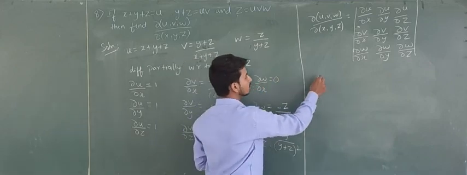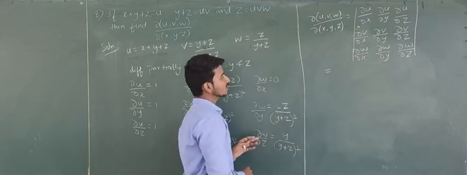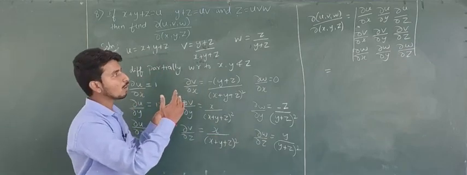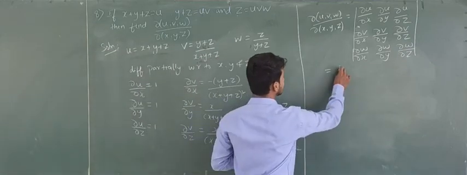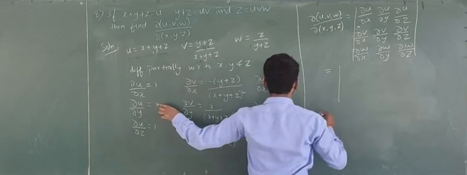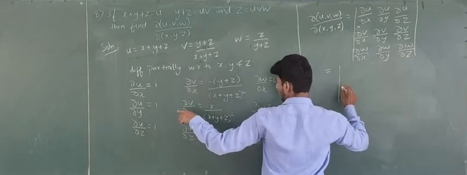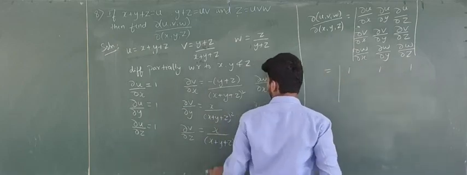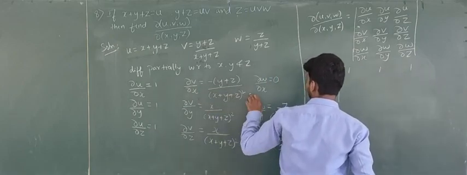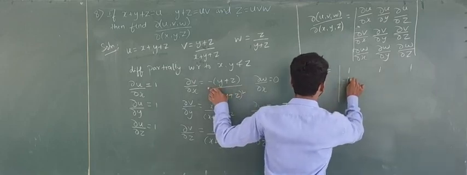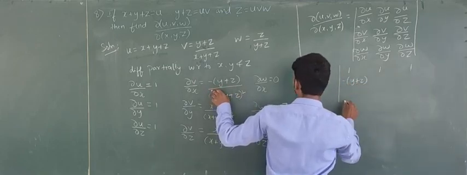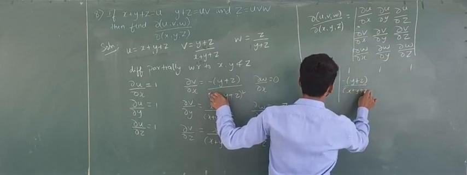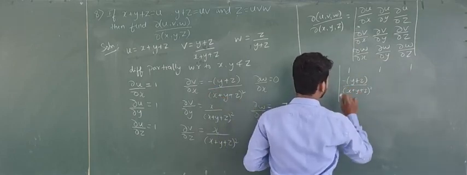Which is equal to, we now substitute the values of dou u by dou x, dou u by dou y, dou u by dou z. Here dou u by dou x is 1, dou u by dou y is 1, and dou u by dou z is 1. That is nothing but 1, 1 and 1. Next, dou v by dou x value is minus y plus z divided by x plus y plus z whole square.